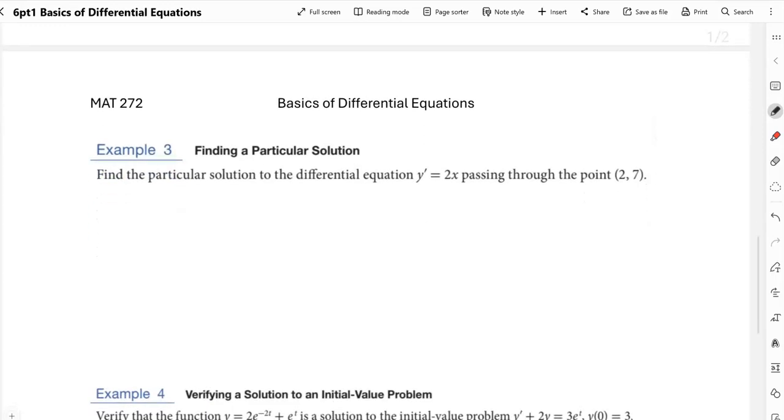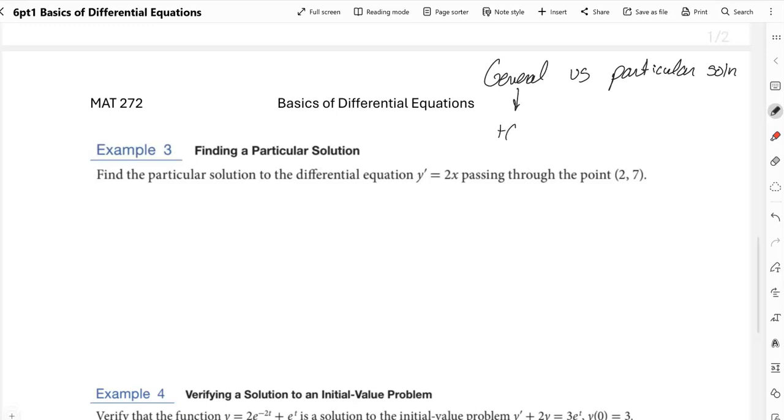So let's say we want to find a particular solution. When we talk about differential equations, we could talk about a general solution versus a particular solution. General solutions is really what we've been doing since the end of Calc 1.